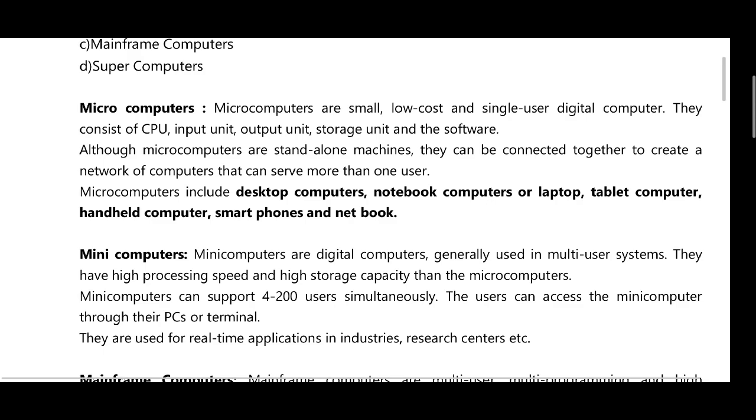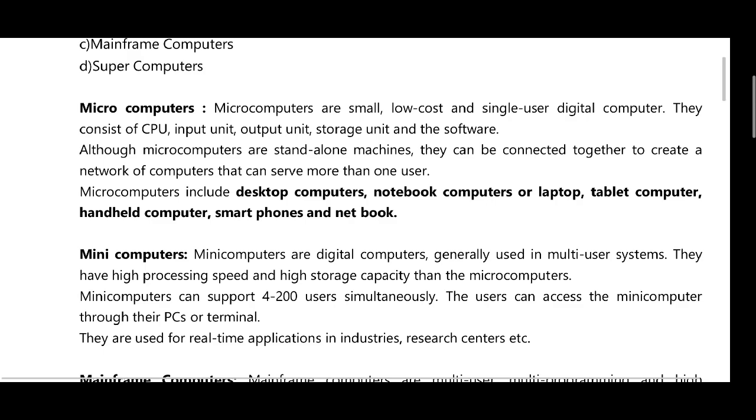Here they have a high capacity of storage and processing speed because they are multi-user systems.